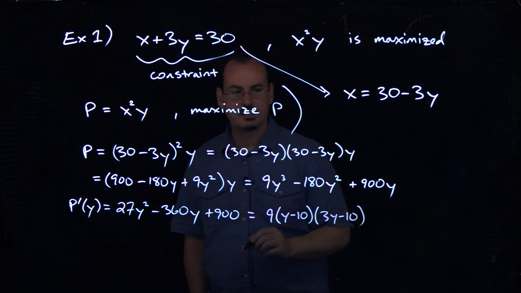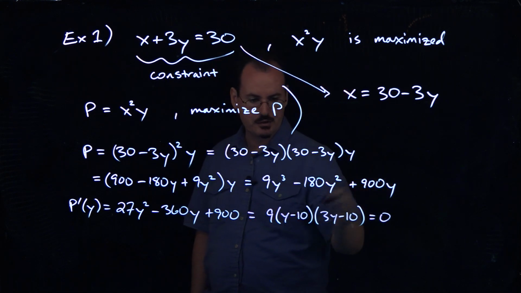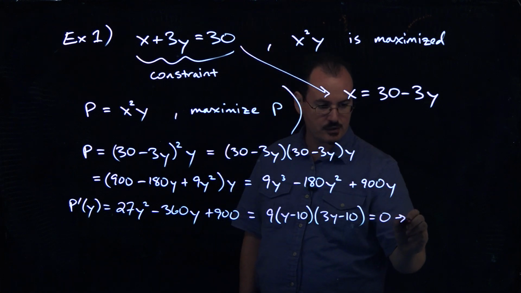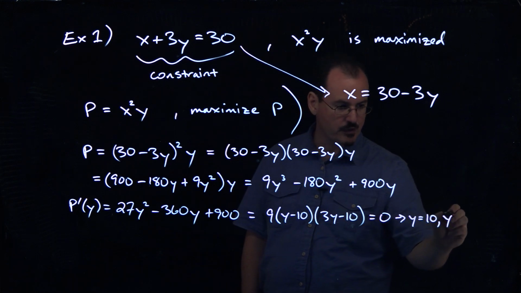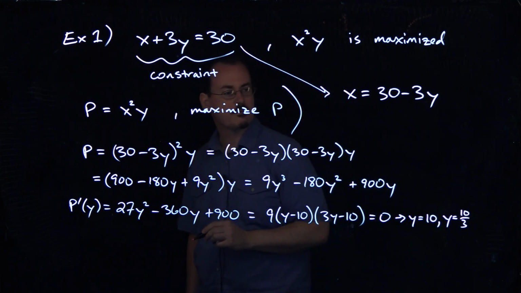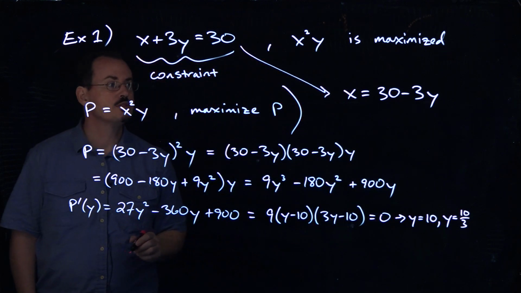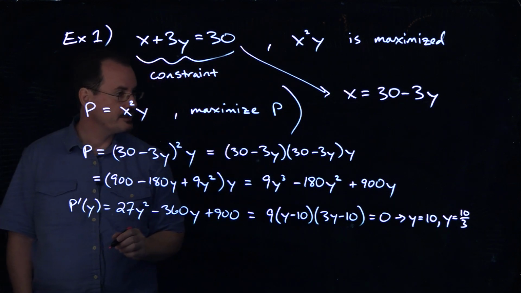Okay, so now remember we're going to set all of these equal to 0. 9 equals 0 doesn't work, so we're going to get two solutions out of this. y is equal to 10 and y is equal to, if I set that to 0 and solve it, 10/3. Okay, so there's our two critical numbers. I'm kind of running out of room here, but hopefully we can squeeze it all in.